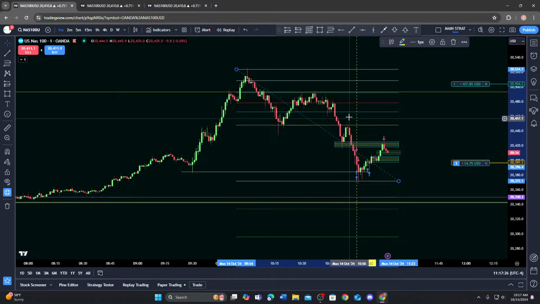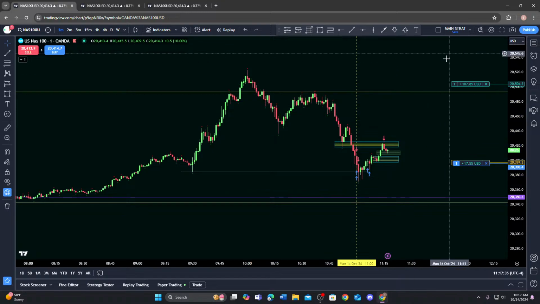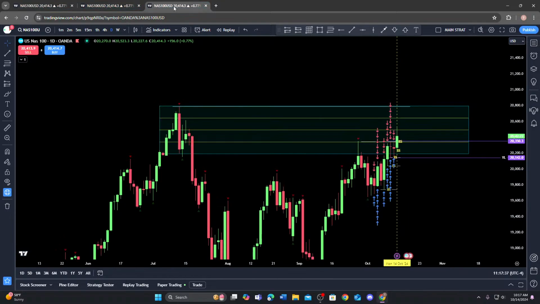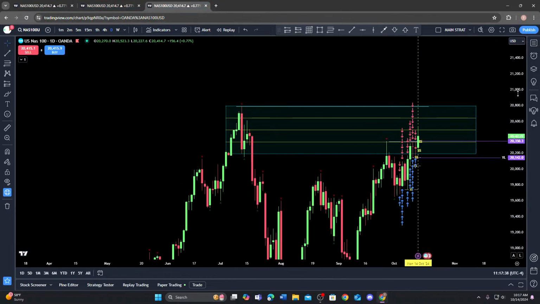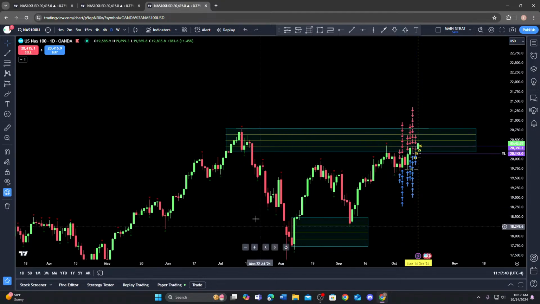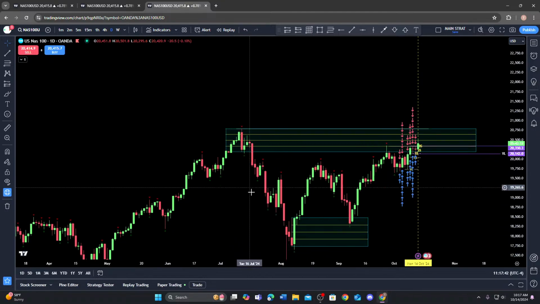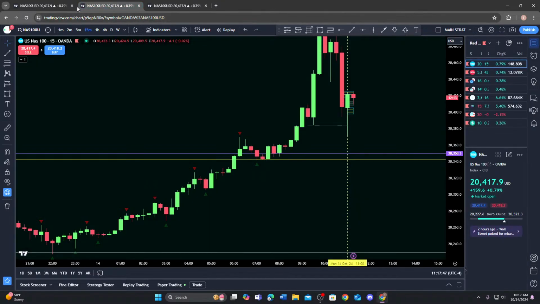Because after it gets up into here, it gets lower probability, because now it's at a premium on the shorter time frame at least. And we are trading a premium in the daily off of this. We're trading at a very high premium.